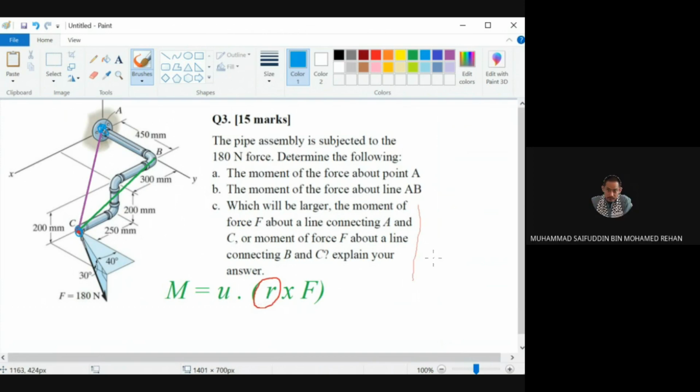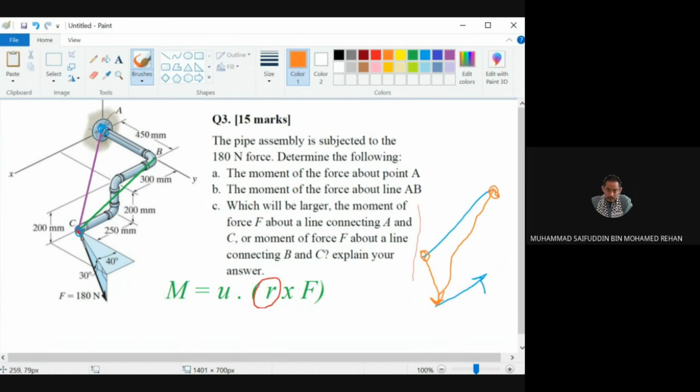If I use from this point to here as my R, or from this point to here as my R, both will give you the same answer.